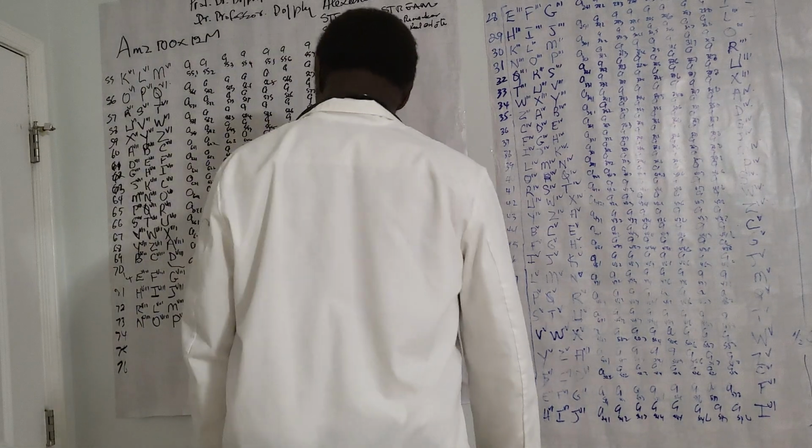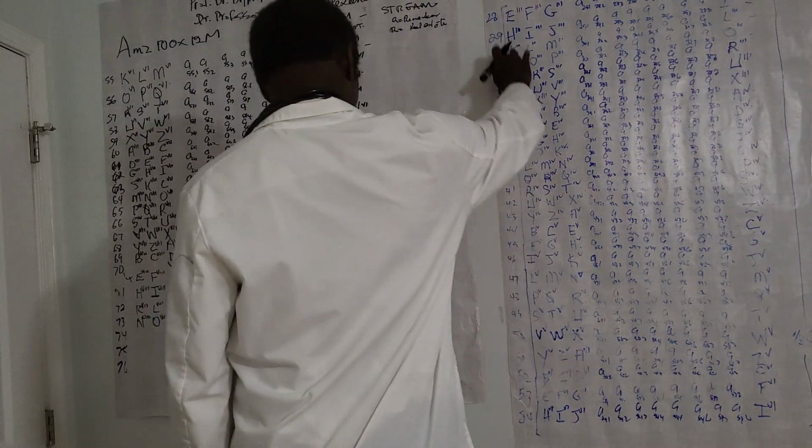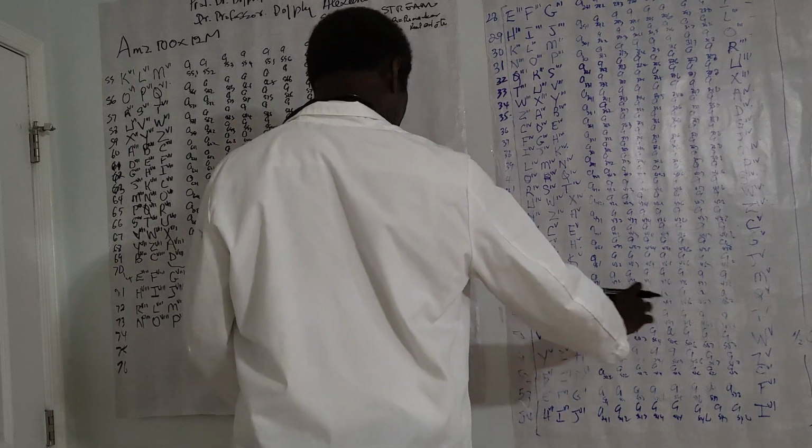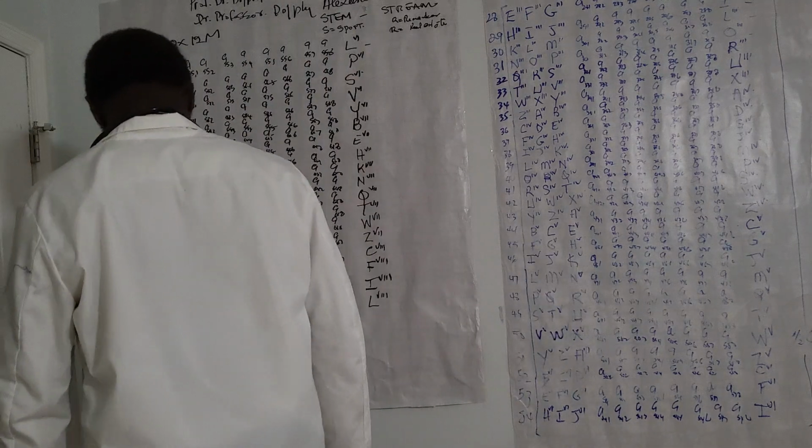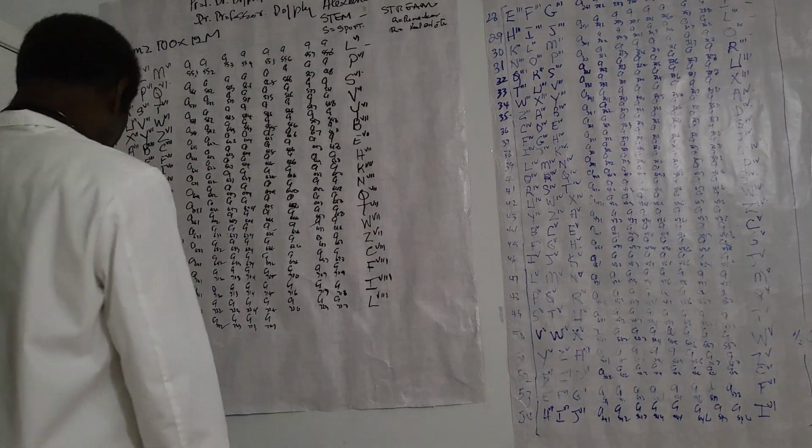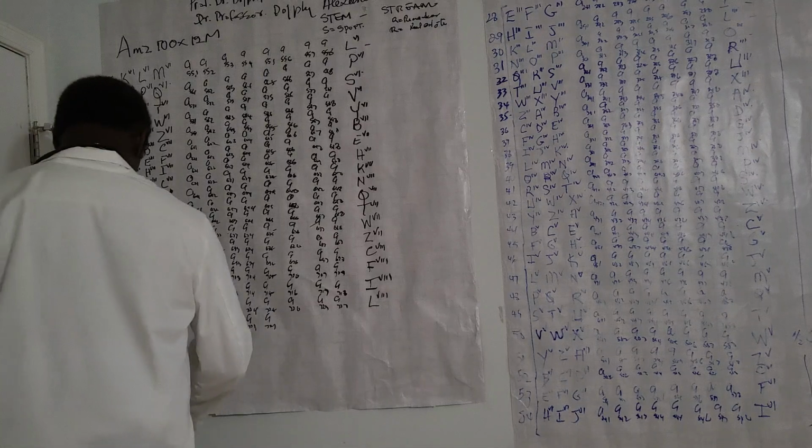Multidimensional, amazing matrix. Likewise, we could name all of these for chemistry. Don't get confused now. Multidimensional, multi-field.